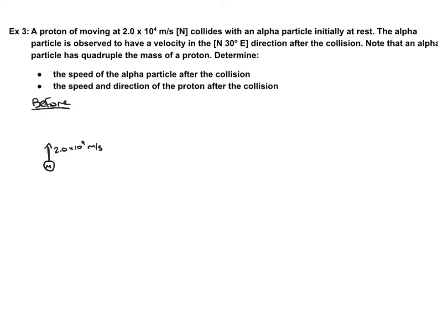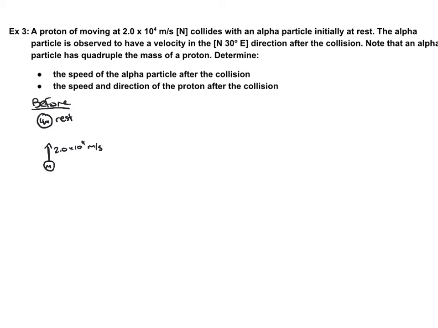And in front of it somewhere is an alpha particle. The mass I'm going to make is 4m. It says it's 4 times the mass of the proton. And this one's at rest to start.